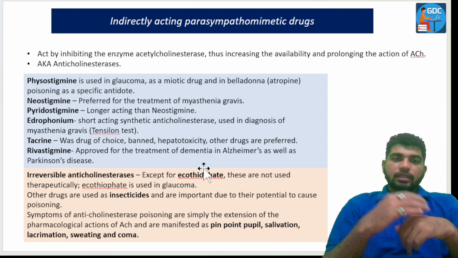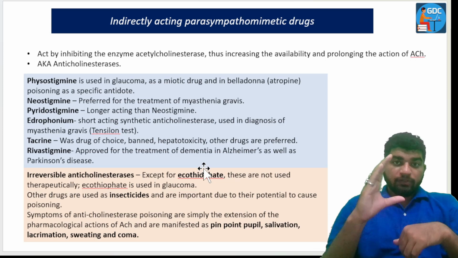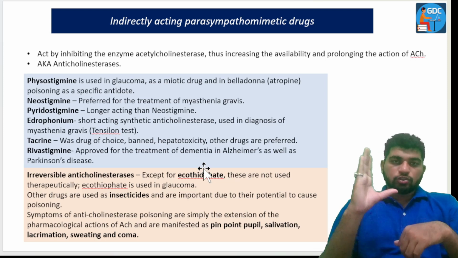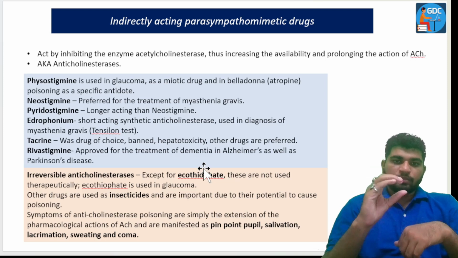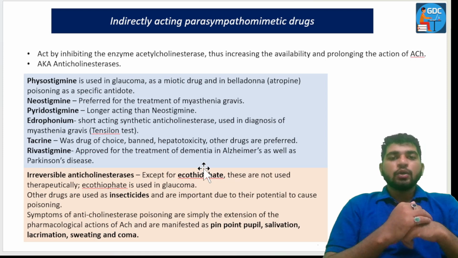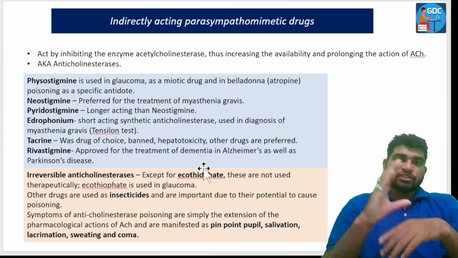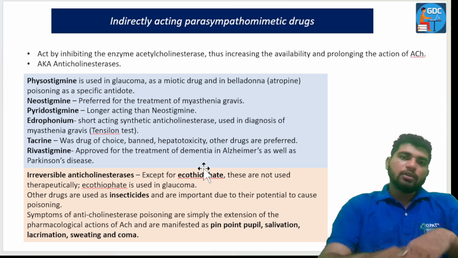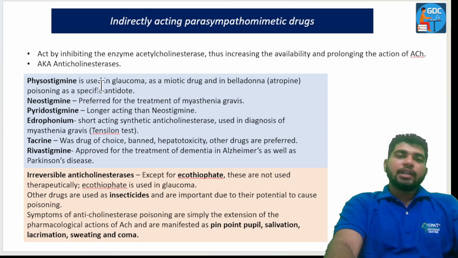Through Gq mediation, contraction will occur. So there will be contraction of the circular muscles, and through that there will be miosis in the eyes, that is, constriction of the pupil. It is called a miotic drug because it causes miosis.